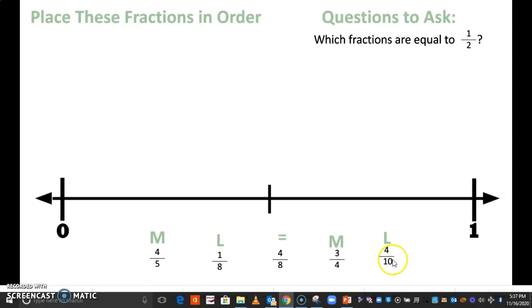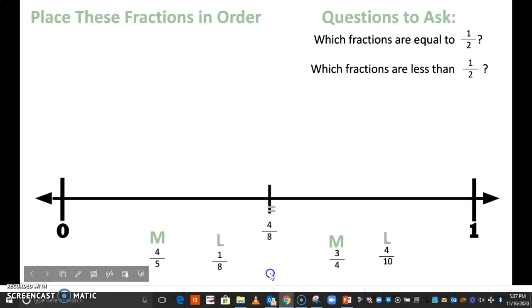Okay, so we've got all of our more thans, our less thans, and our equal tos. Now it's time to put them in number order, starting with our equal to. So we know 4/8 is going to go right there. Now what fractions are less than a half? Well, 1/8 and 4/10.